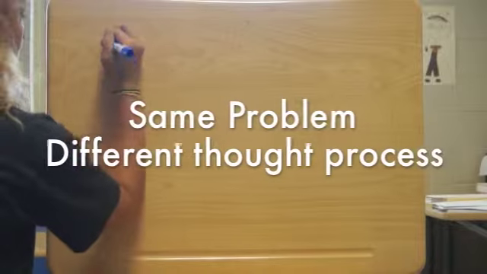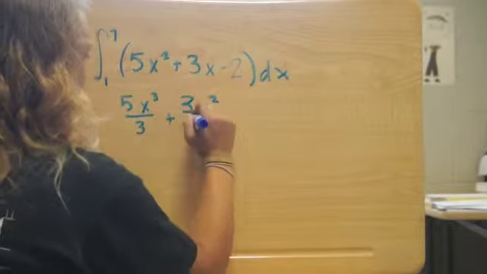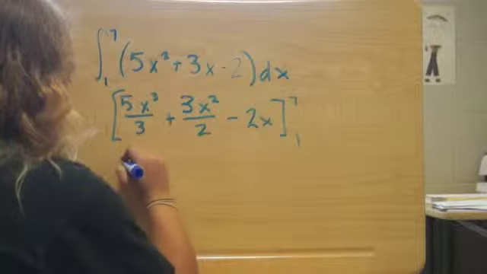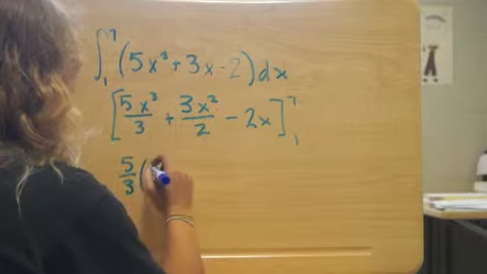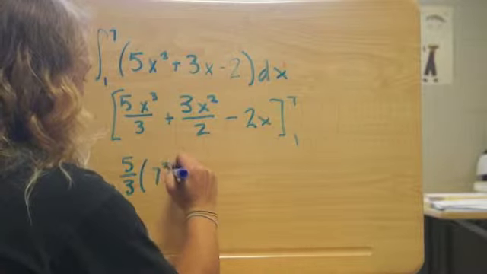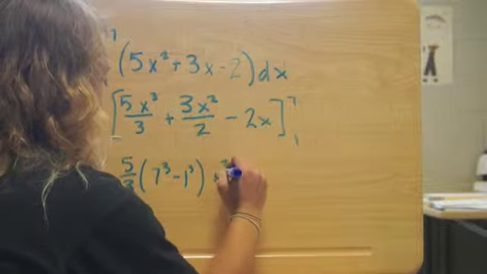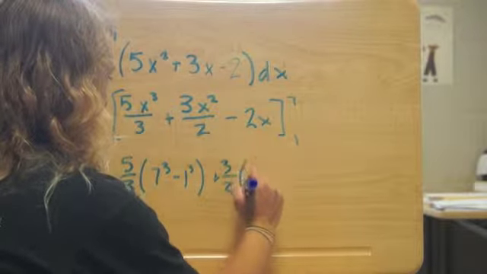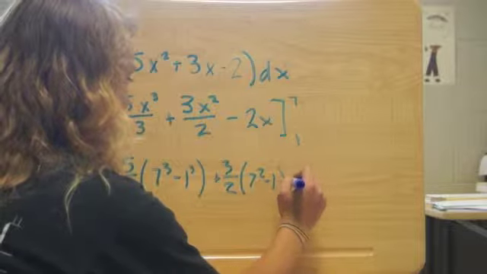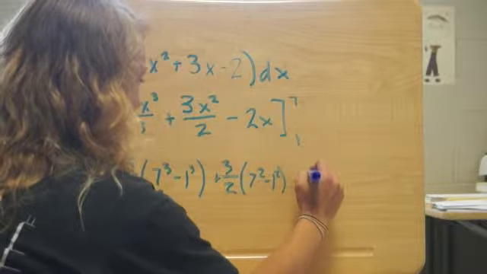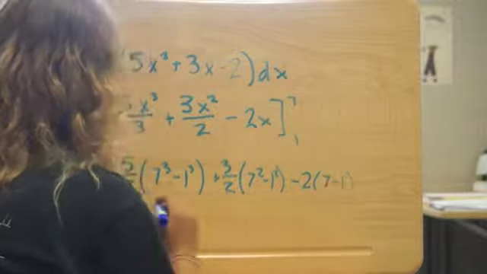Now, using the fundamental theorem of calculus, we can solve the same problem using a different method. You set it up by finding the antiderivative in the same way. However, when you plug in the bounds, you do it differently. When you plug in the bounds to the x's, you can take the constant and put it in front of the x and plug each constant in to the power that the x is to and subtract them from each other.